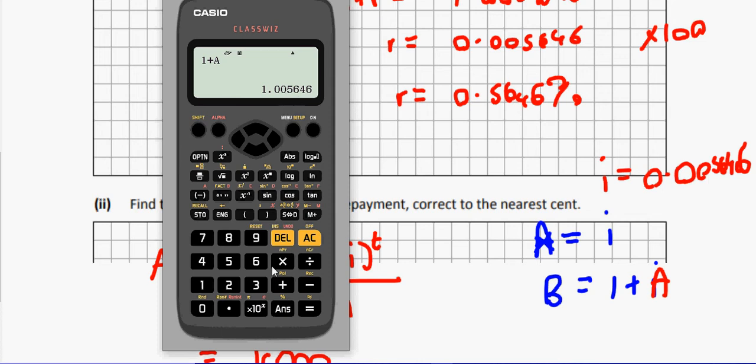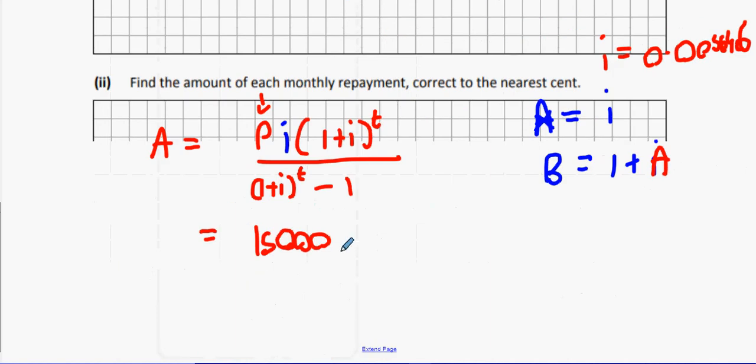And then we're just going to go Shift, press star. Star is B. Okay, done.